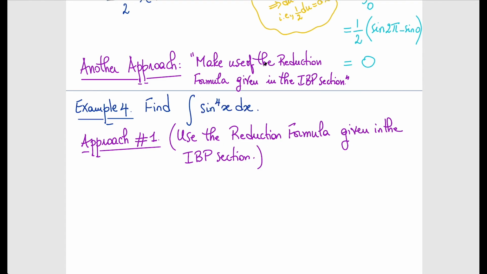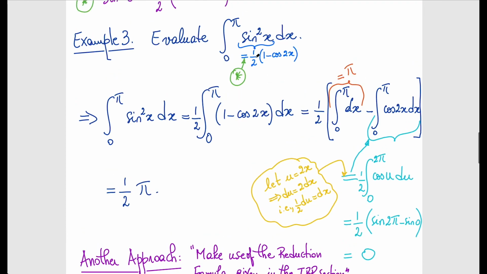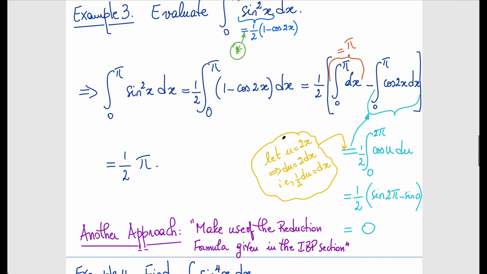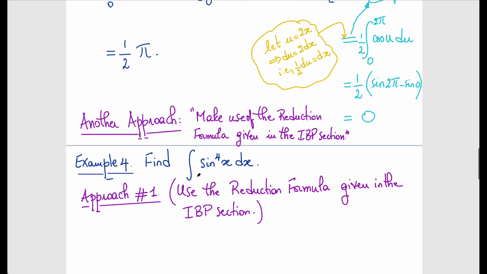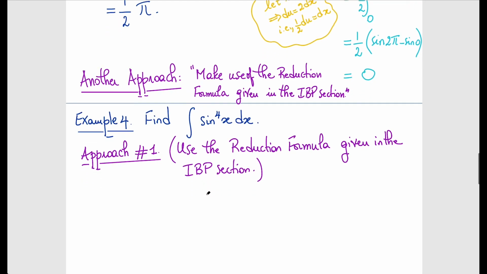One application of the reduction formula allows you to go 2 levels, right? Reduce the degree by 2. So you can connect sine to the power 4x with sine to the power 2x, and you've already done the work for sine to the power 2x, right? So you can extract information from this work to complete the work of that integral. Okay, so this would be approach number 1.